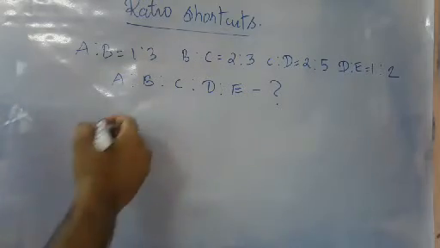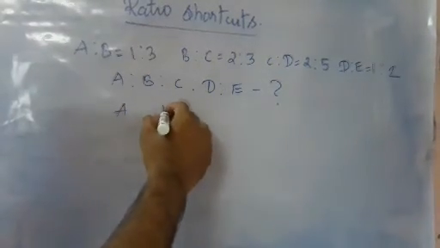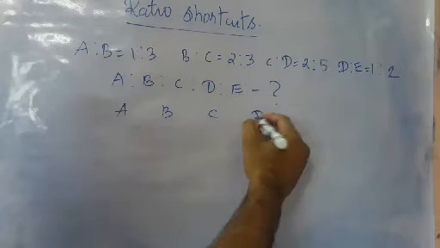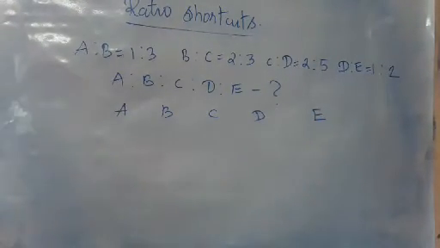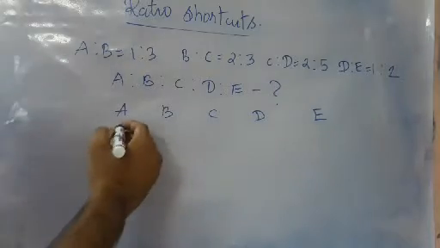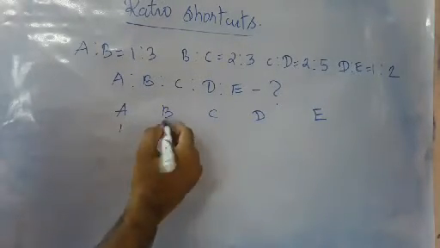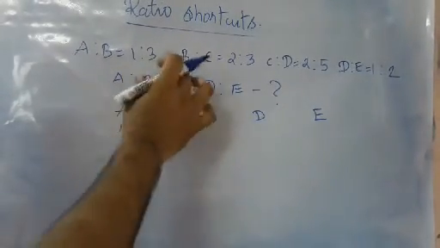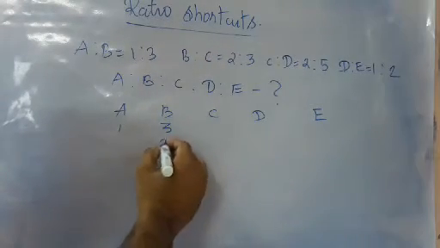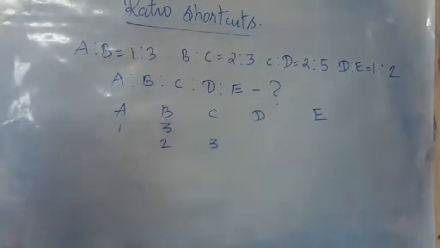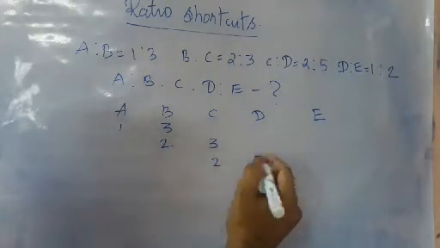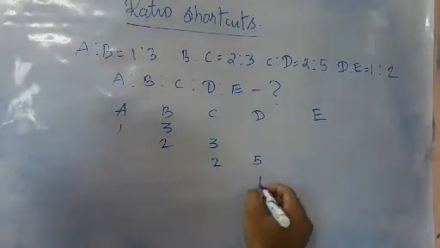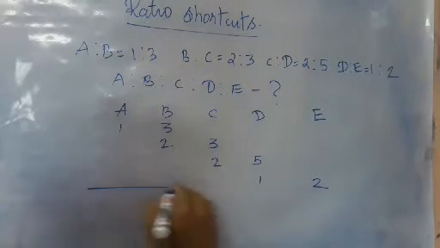So we have to write whatever the variables are given like this, and we have to write the ratios here. 1 is to 3 is A is to B, and B is to C is 2 is to 3, and C is to D is 2 is to 5, D is to E is 1 is to 2.